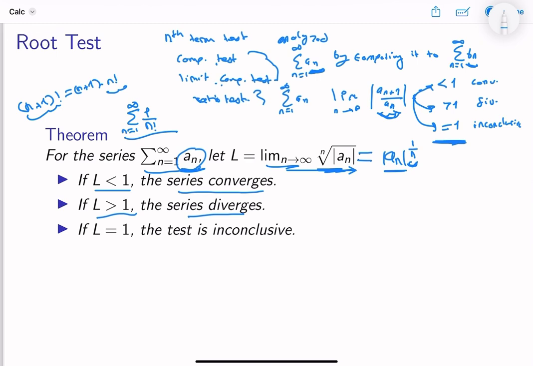Let's say we're asked the question: is the sum of n to the n over, let's say, 4 to the 2n, from n equals 1 to infinity, convergent?